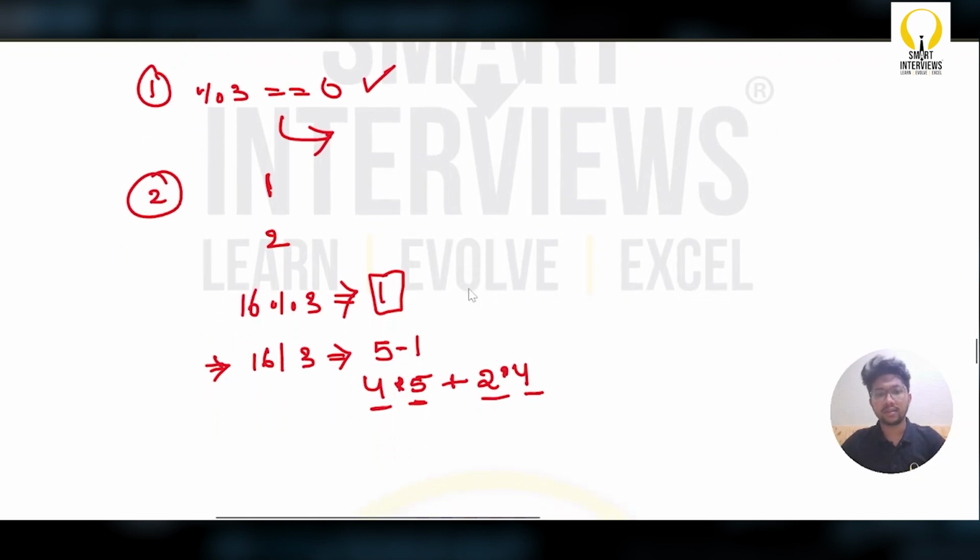Okay. Why am I doing this here? Nothing but here I'll get 20, nothing but I will get 12 flowers. Remaining 4 I'll get from type 4 coins. Next I have 17. 17 modulus 3. What is the answer? I'll get 2. 17 by 3.